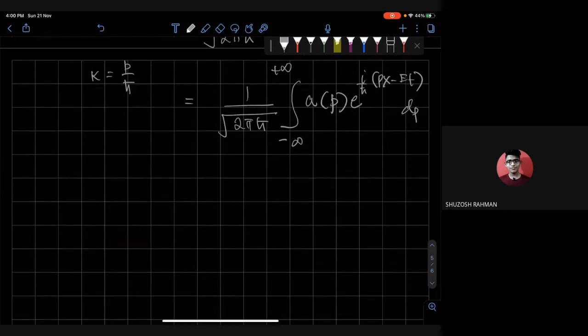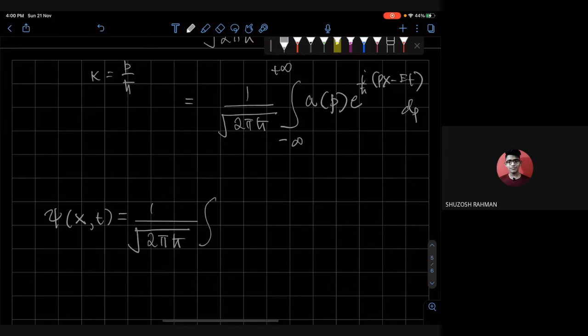So by linearity, what we just said, this is the general solution to the Schrodinger wave equation, because each plane wave is a solution.